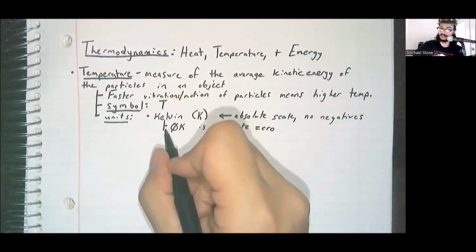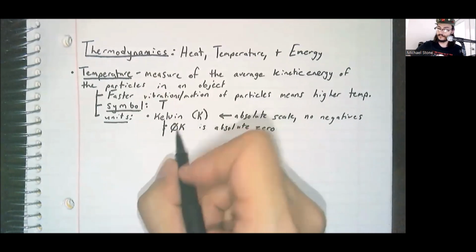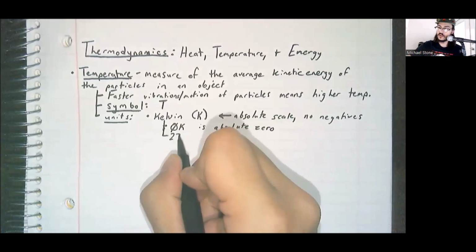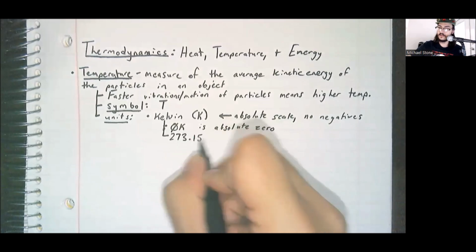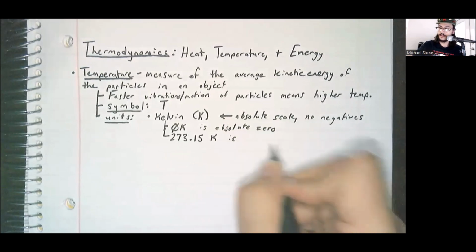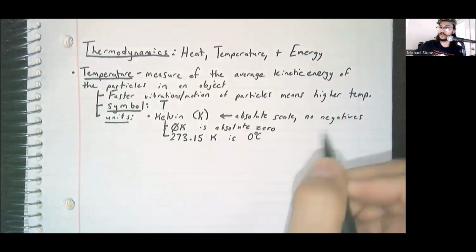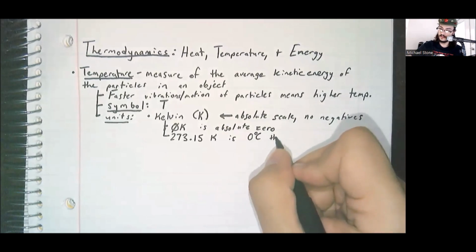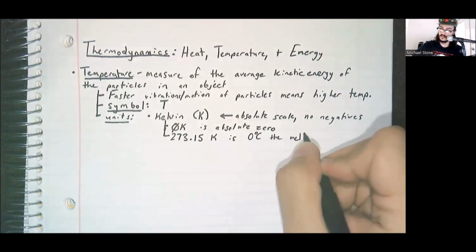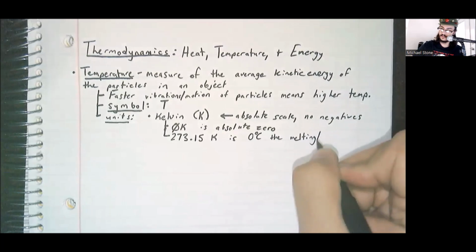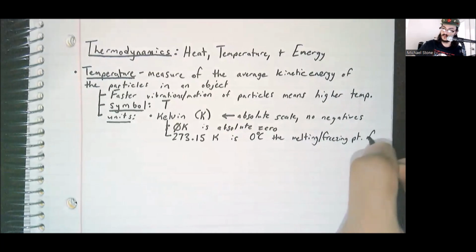No motion, probably. 273.15 Kelvin is 0 degrees Celsius. The melting or freezing point of water.